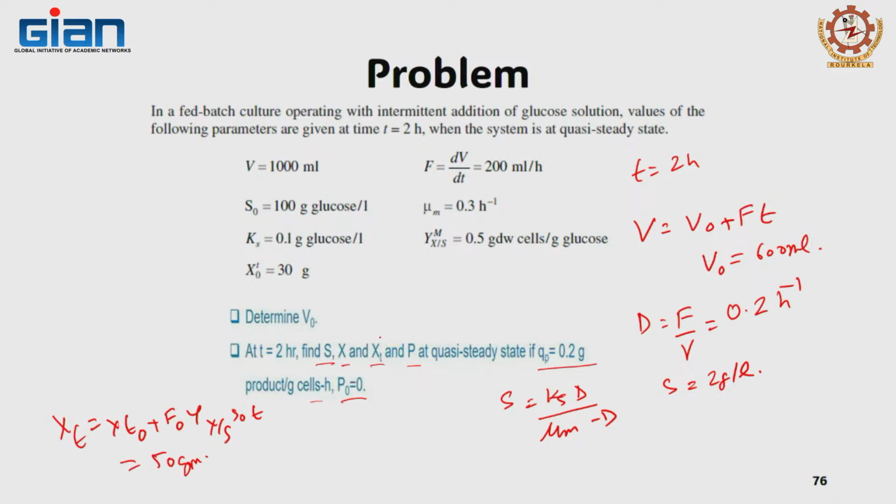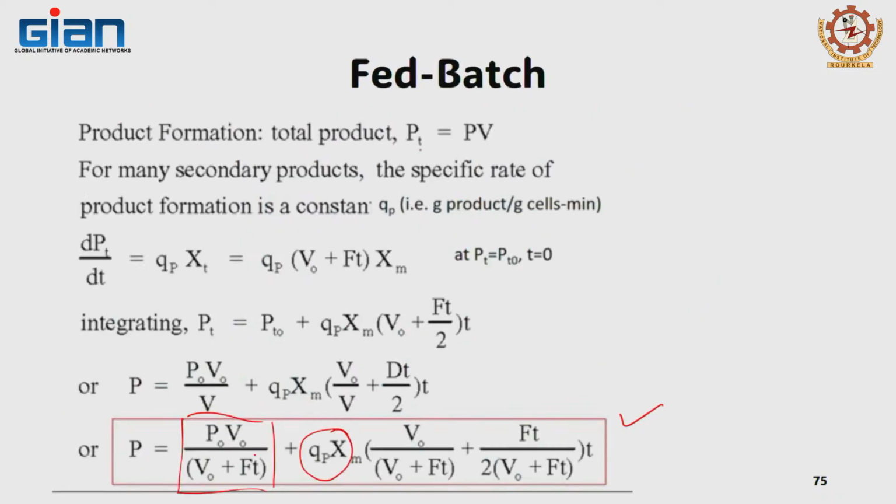Similarly, I have found my X t and S, and now the P. I will be using this equation here. The moment I put in all the values, because I do have the F value, the F naught value, the Qp value, and the X m value. Do I have the X m value?